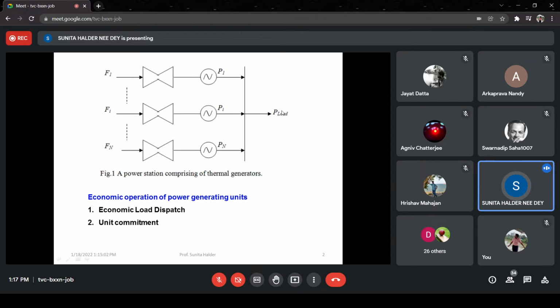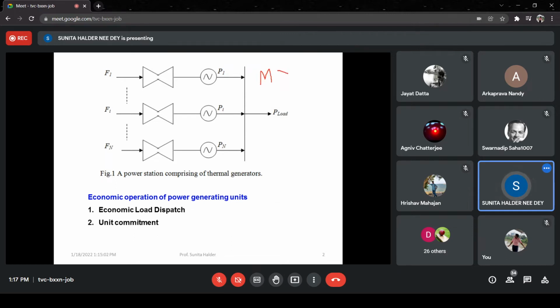So this is involved with the running cost, not with the installation cost. In the running cost, the interest and depreciation on the installation cost will come. So this is economic load dispatch: how a load will be distributed among the generators or units within a power plant. Now it may happen that in this power plant there are m generators, right? M generators.